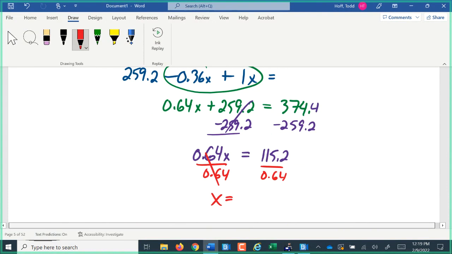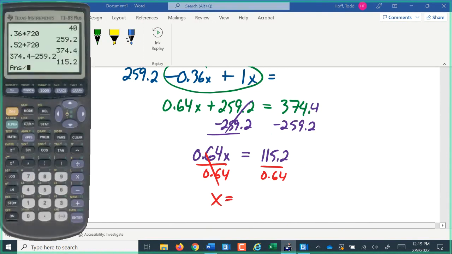X equals 115.2 divided by 0.64, which is 180.